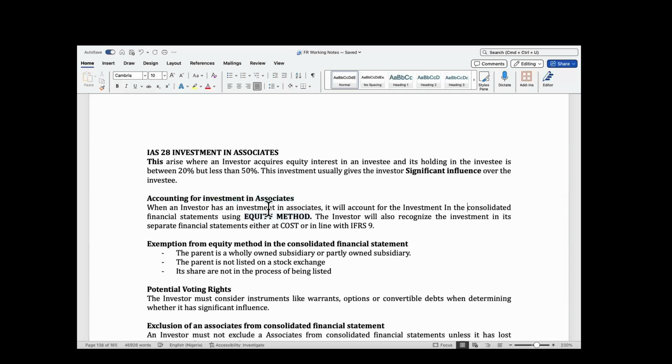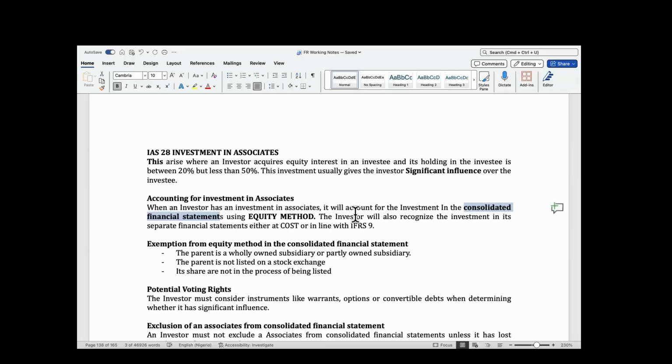See, quote and unquote, in your consolidated financial statements. It therefore means that if you are not preparing consolidated financial statement for whatever reason, you cannot use equity method. Equity method is for when you already have a subsidiary and you now want to prepare consolidated financial statements, right? So when you want to do that, you apply what we call equity method.